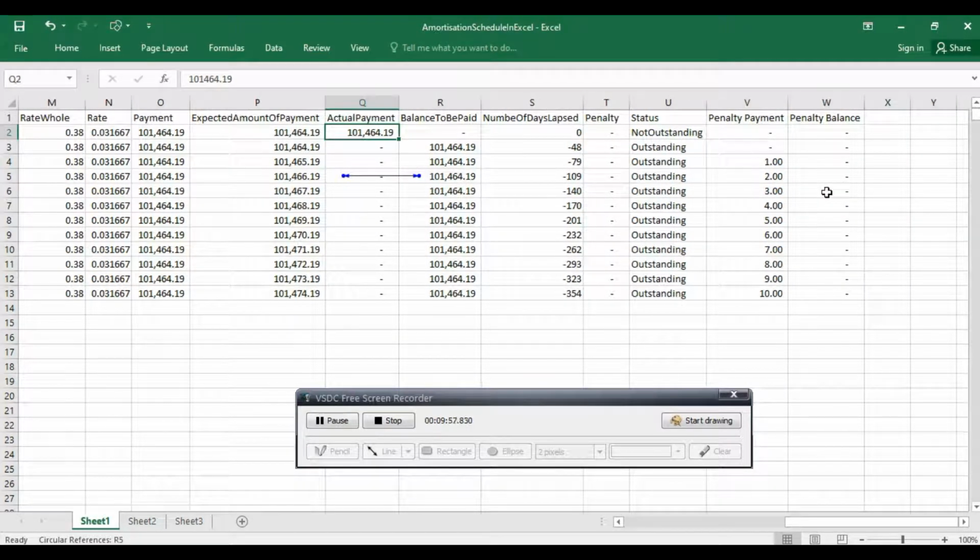Let us say it is 90,000. You can see that the number of days have elapsed, yet there is a balance of 11,464 still outstanding.